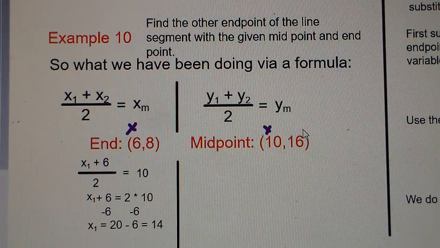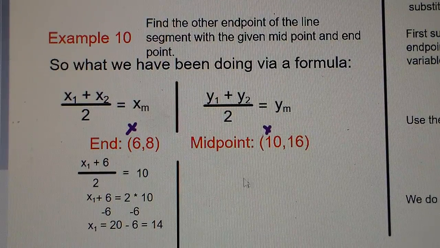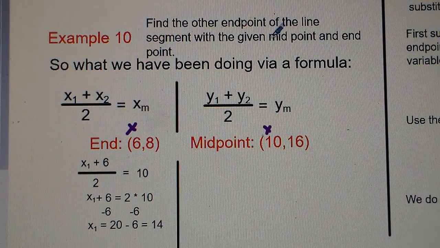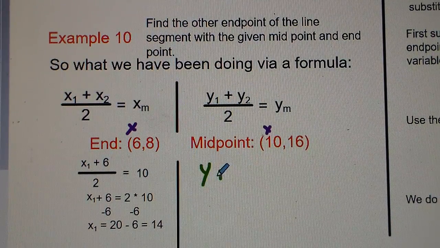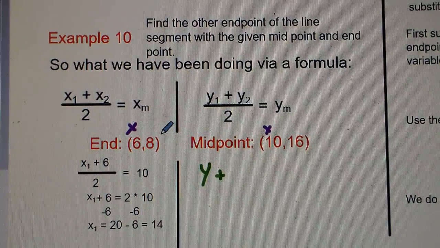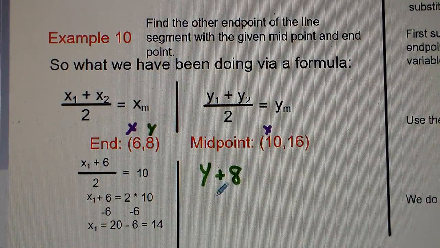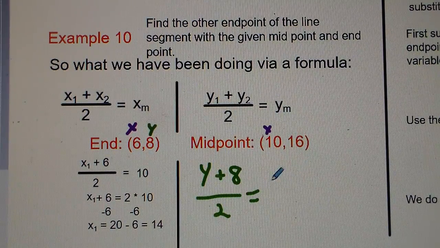Now we're going to do the same thing with our y's. So we got y1 plus my y2. My y2 is going to be 8, divided by 2 is equal to the 16.